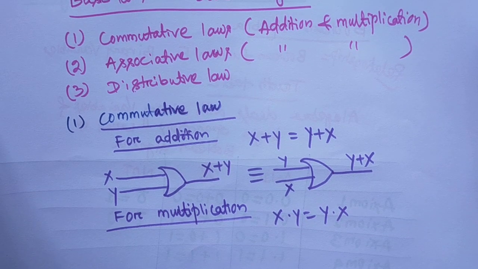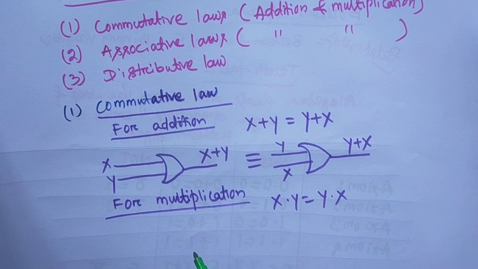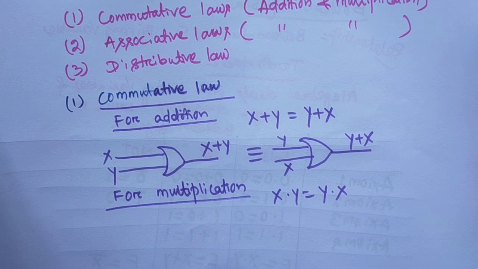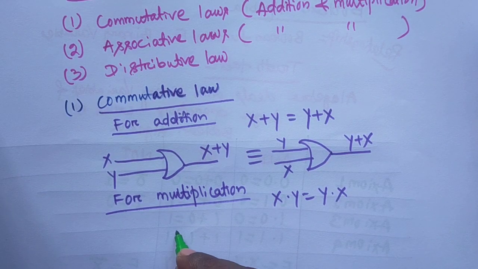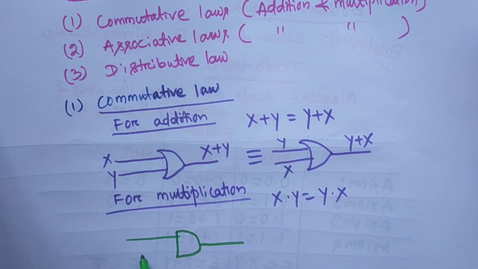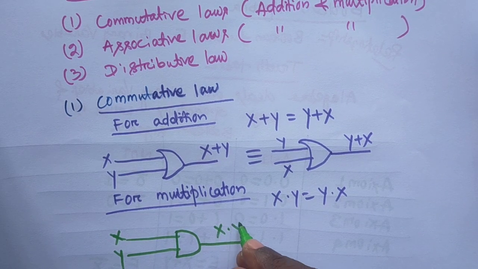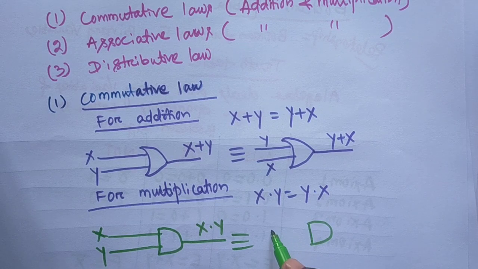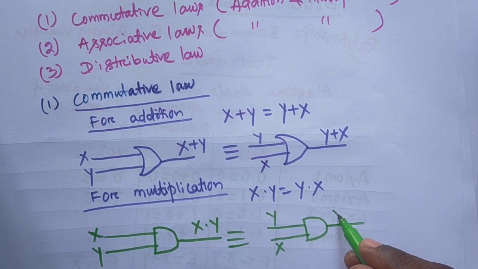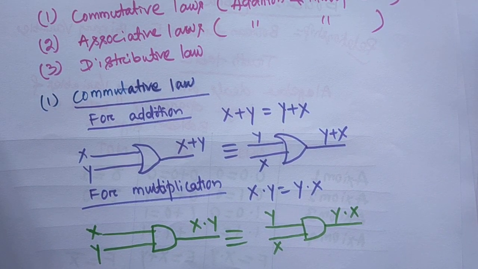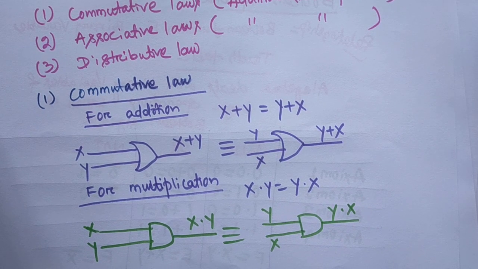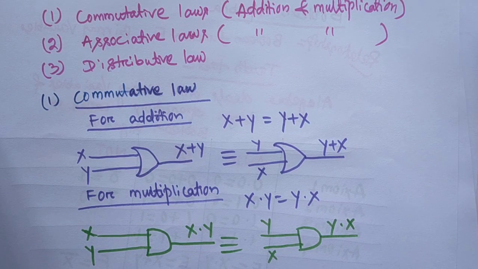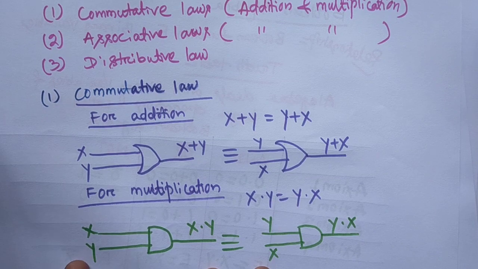Since it is multiplication, we know we consider an AND gate. We take an AND gate with inputs x and y, which is equivalent to the reverse case, y and x, giving y dot x. So both x dot y and y dot x are equal. In this way we define the commutative law for addition and multiplication.